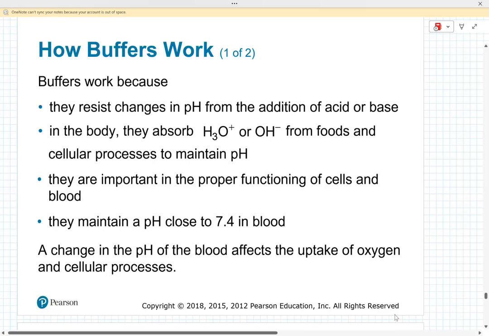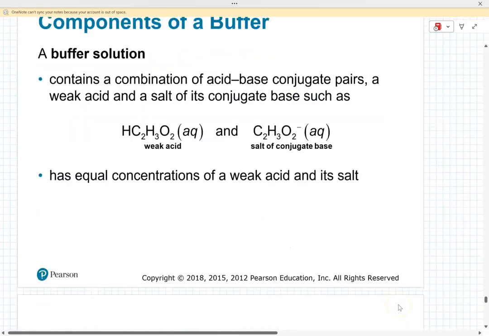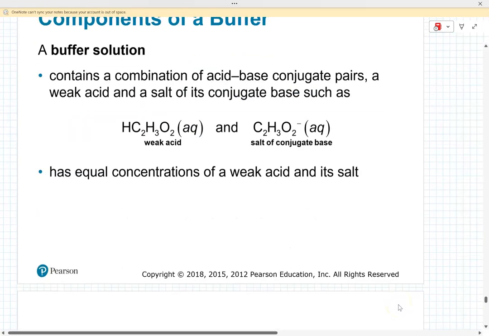So, the buffers, as we discussed in class briefly, absorb acid or base. Okay? And in humans, they maintain pH of the blood and intracellular fluid at about 7.4. Okay? And the buffer usually contains a weak acid, okay, and its conjugate base, okay?